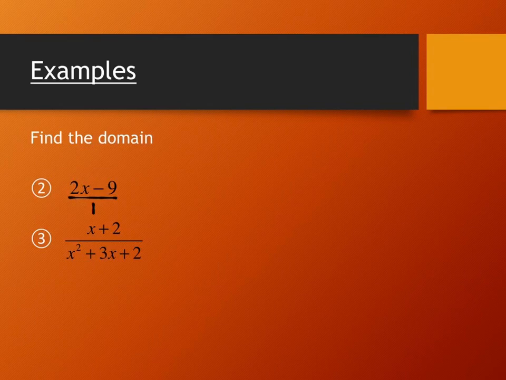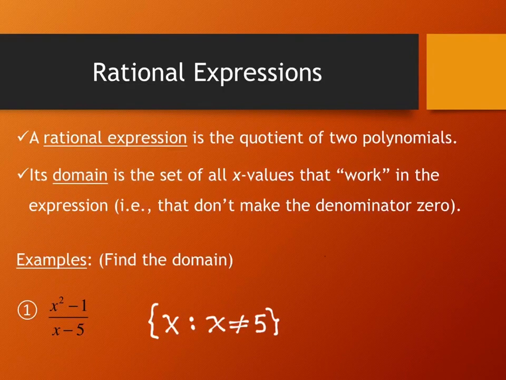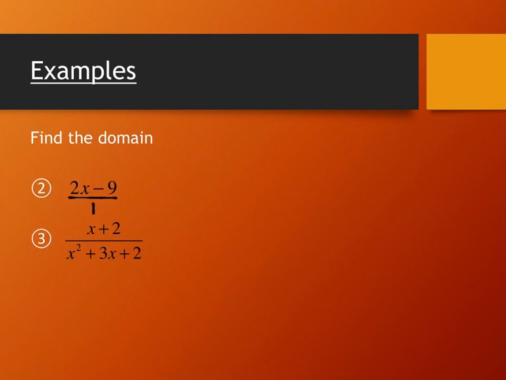There is no x value that I could put in that would make the denominator 0. That means, if you think about the way I wrote this over here, at the end there is no x cannot equal part, correct? It means x can equal all real numbers, anything. So what we would do is we'd write it like this. Curly brace, x, colon, such that x is any real number.